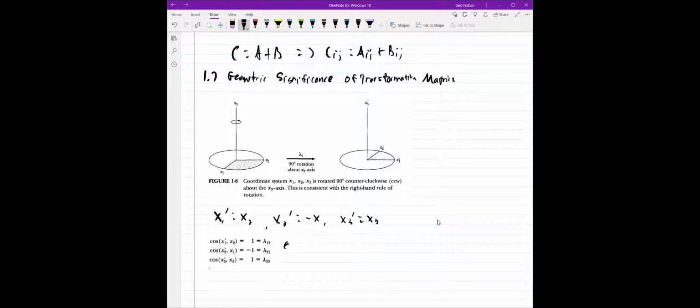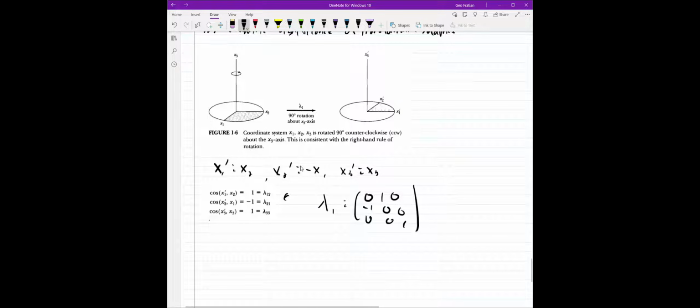So our lambda matrix for this case, we'll call it lambda 1, is 0, 1, 0, negative 1, 0, 0, 0, 0, 1. Basically, it's a lot of zeros and then some ones. This is a special case because we rotated by 90 degrees.